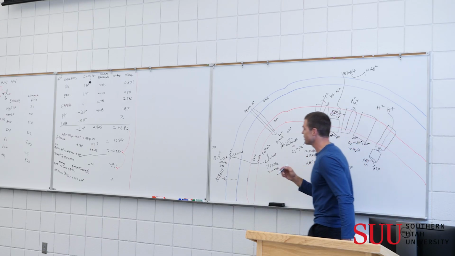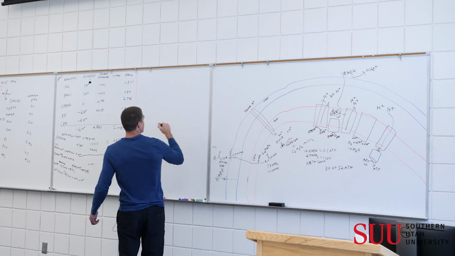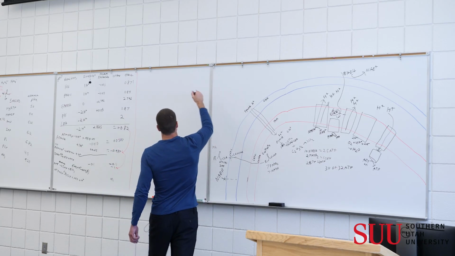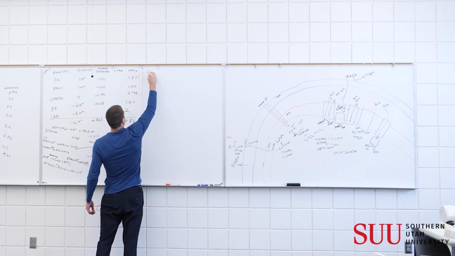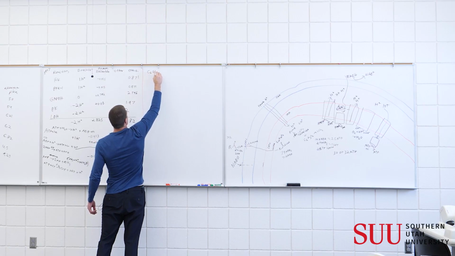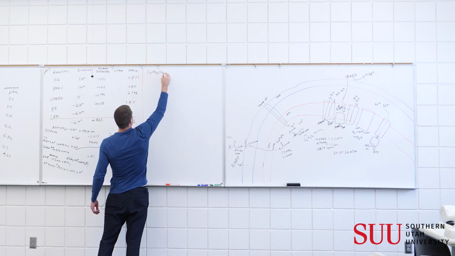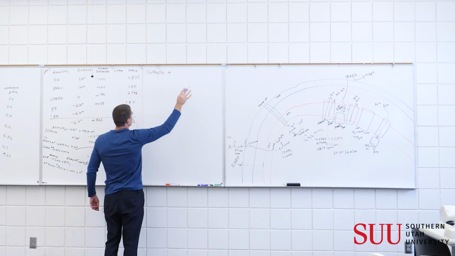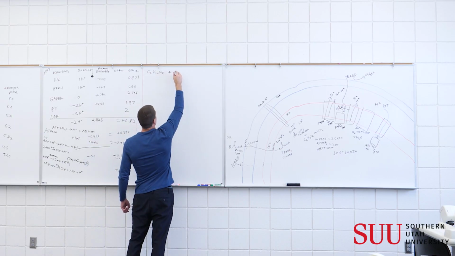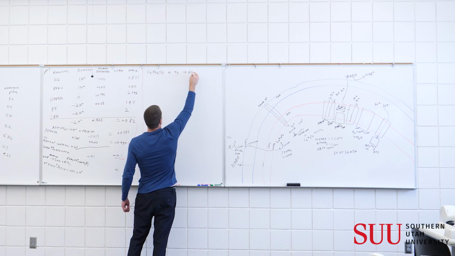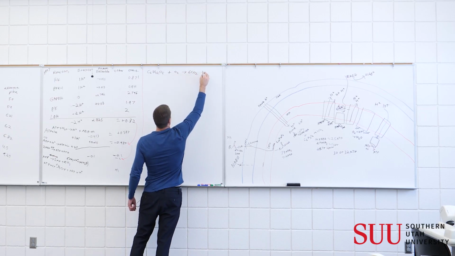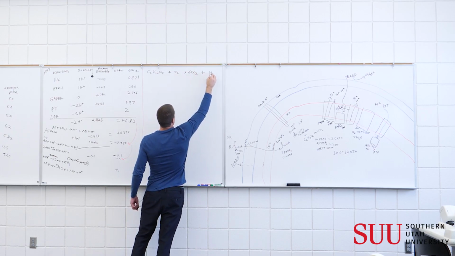In fact, we can write this out. Okay, so we'll write glucose up here. We have C6H12O6, and we want to do the complete oxidation of glucose. We're going to combine that with oxygen, and you're going to get 6 CO2s plus H2O.